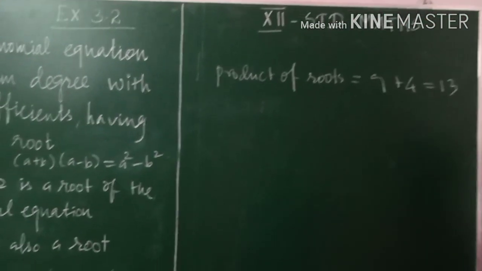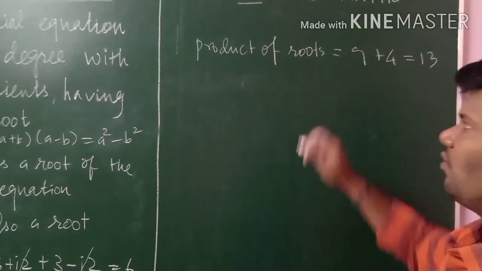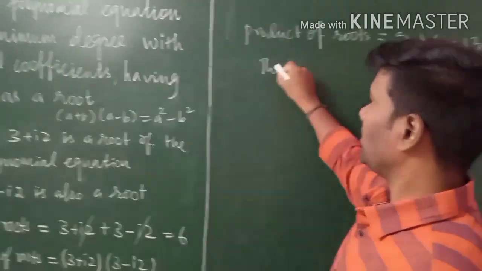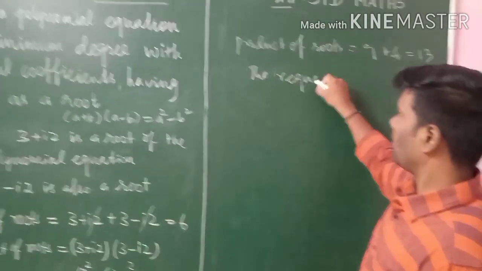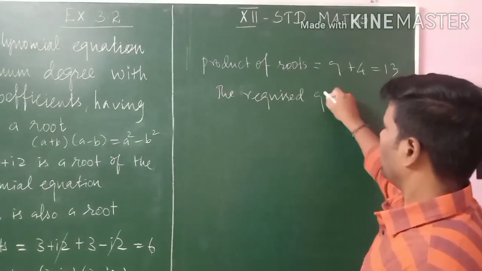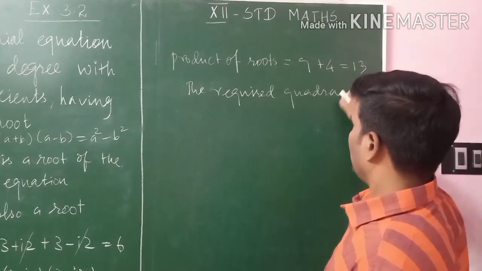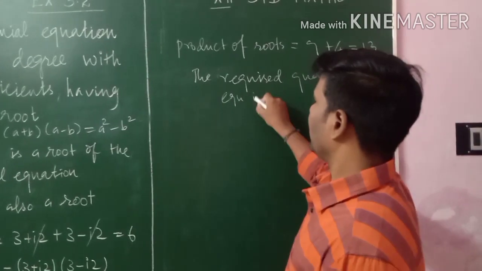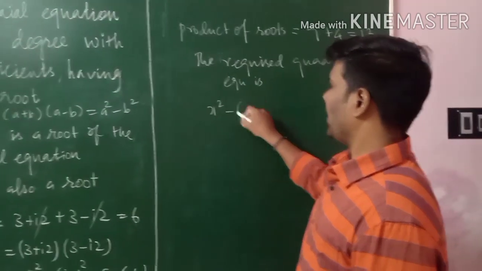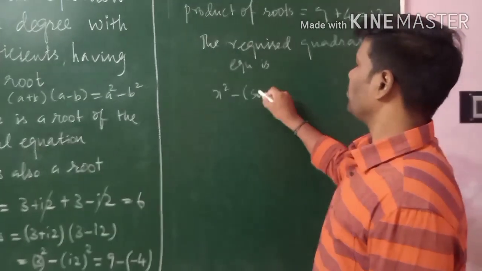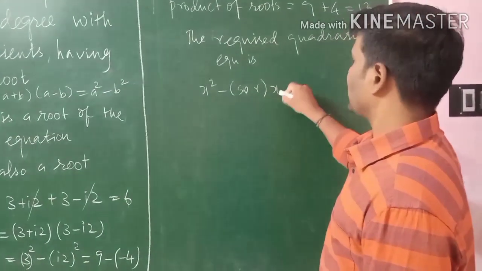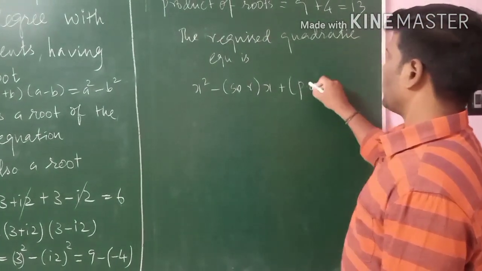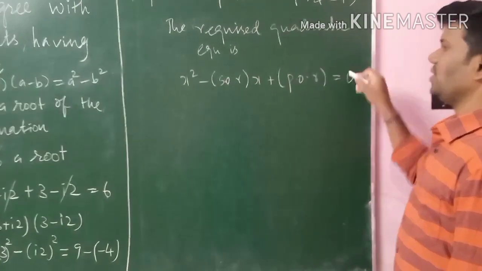If we know the sum of roots and product of roots, we know how to form the quadratic equation. So the required quadratic equation is x square minus sum of roots into x plus product of roots equal to 0.